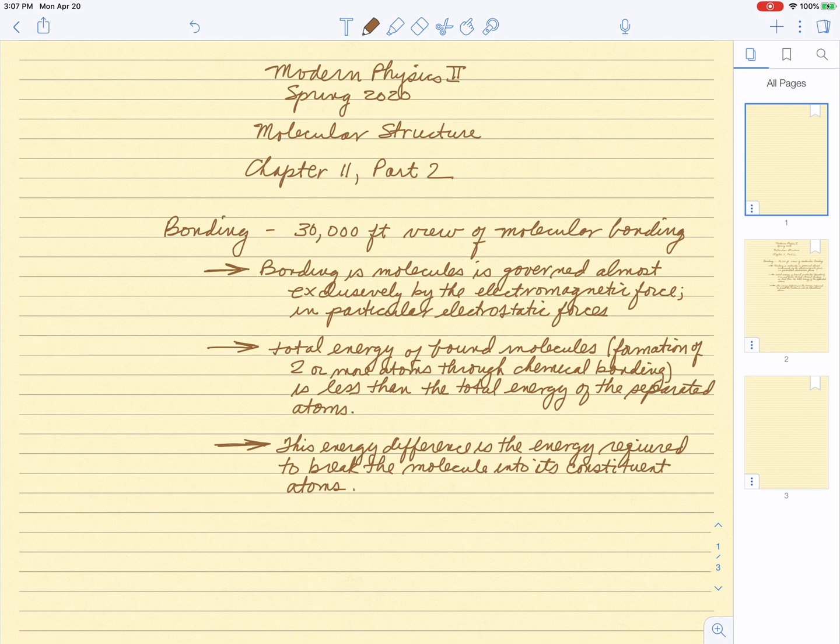And again, what's governing most of these processes is the electrostatic force.